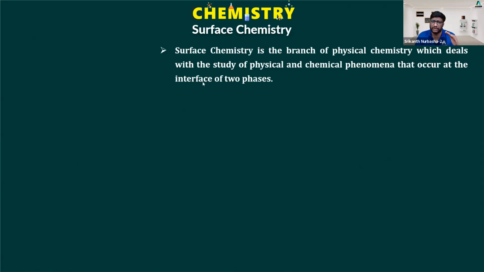Wherever you have an interface of two phases, whatever physical and chemical phenomena happen there, the study of that is your surface chemistry. We will study both the physical phenomena as well as chemical phenomena.